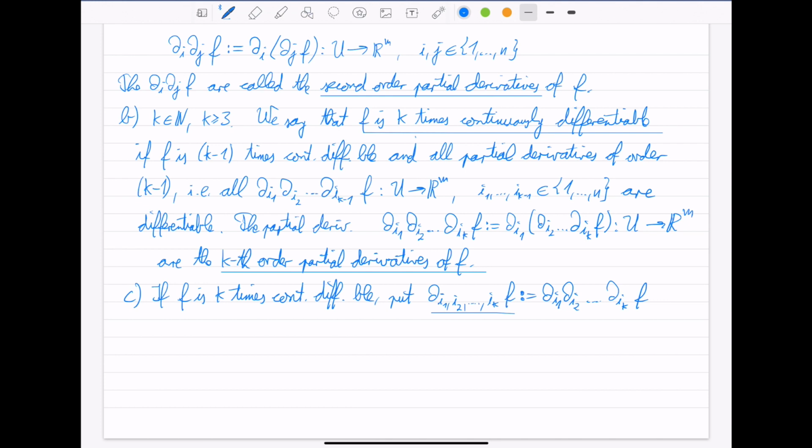And one more bit of notation: if we derive k times by the same direction, then we can shorten things further. Namely, we can then just write d_i^k f. And this is what we write for d_i, and so on to d_i f, meaning that we derive k times by the same variable.